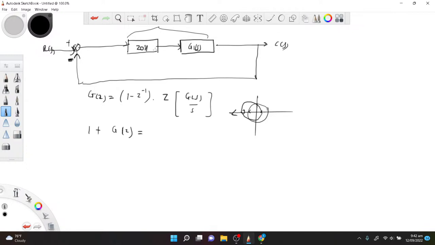The question is to put a controller here, say with transfer function GD of s, to make sure that this system has a damping coefficient of 0.5 and a settling time of 2 at 2% tolerance.